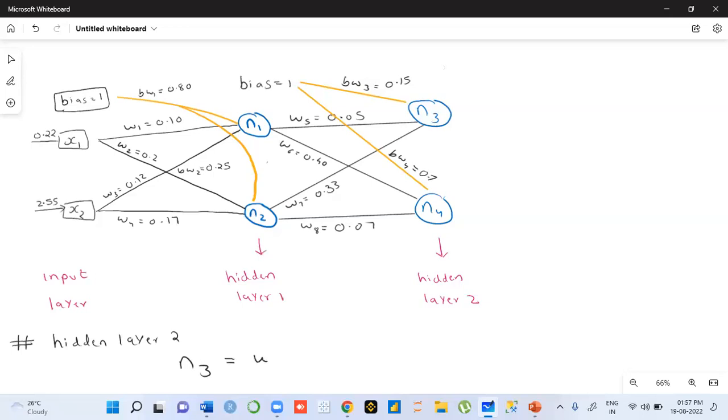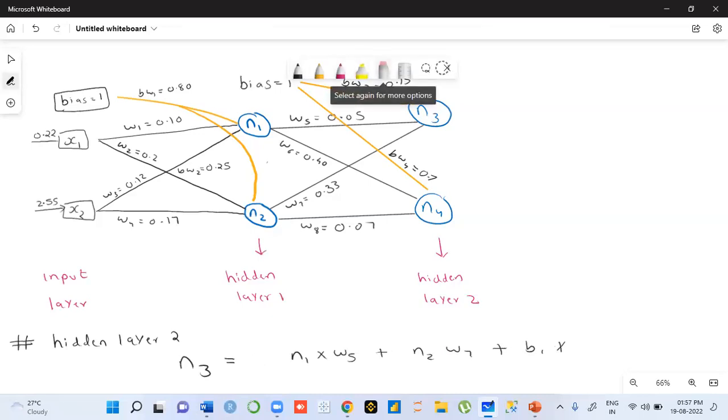N1 into W5 plus N2 into W7 plus B1 into BW3. Solve this.